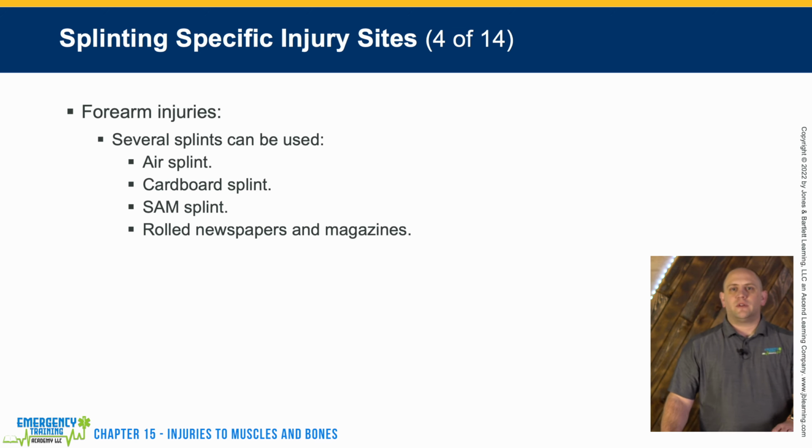There are several different types. Like I said, anything that you can use to make sure that that forearm isn't going to have any excessive movement. We're making sure that we're splinting the joints above and below. And we're going to take a look at splinting using our SAM splint on our volunteer today.